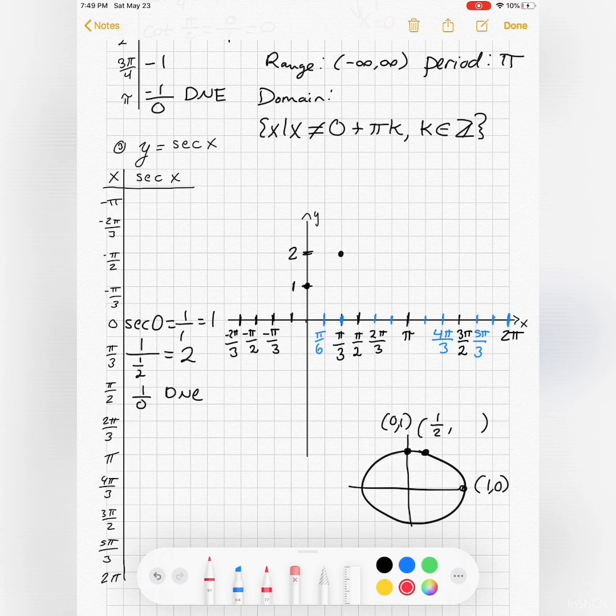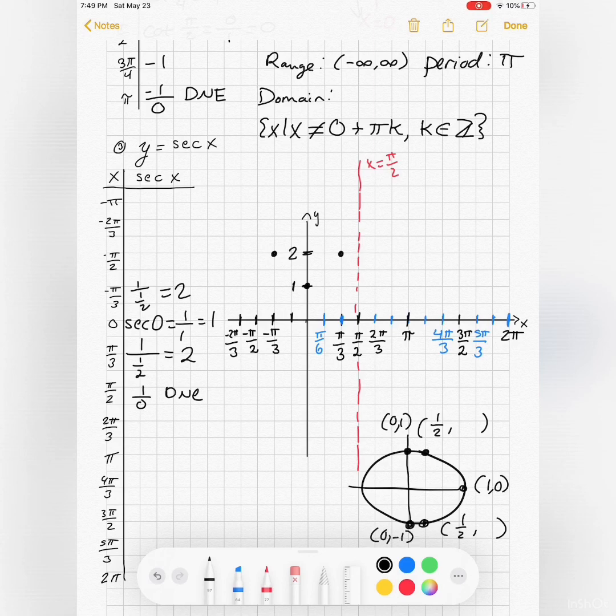So I had a vertical asymptote at pi/2. Let me do some of these negative ones. -pi/3. So this is 1/2 again, it's 2. -pi/2.